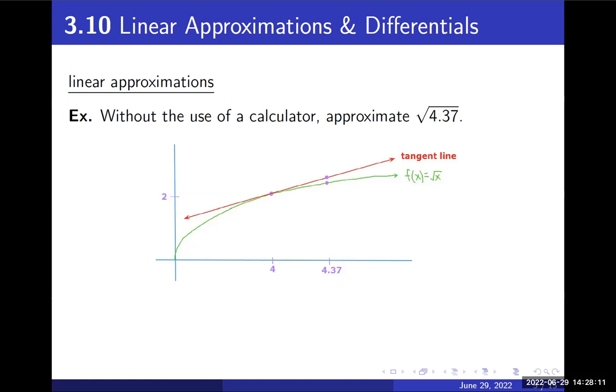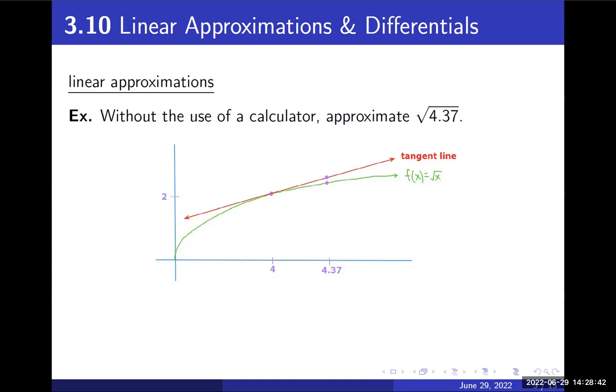But it turns out that's really difficult to do by hand. What we're going to do without a calculator, we're going to find the y value on the tangent line. If we can find the equation of the tangent line, it will actually be really simple, even without a calculator, to plug that number into the equation of the tangent line instead, since it's the equation of a line and it's not curving.